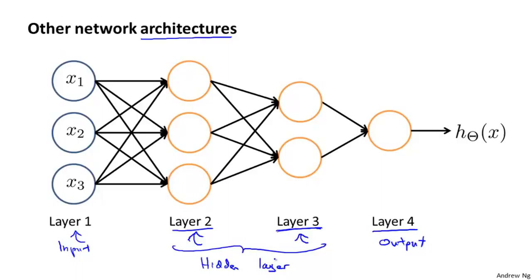In the next videos, I realize that some of the intuitions in this video of how the later layers are computing complex features of the earlier layers may still be slightly abstract and at a high level. So what I'd like to do in the next 2 videos is work through a detailed example of how a neural network can be used to compute nonlinear functions of the input, and hopefully that will give you a good sense of the sorts of complex nonlinear hypotheses we can get out of neural networks.